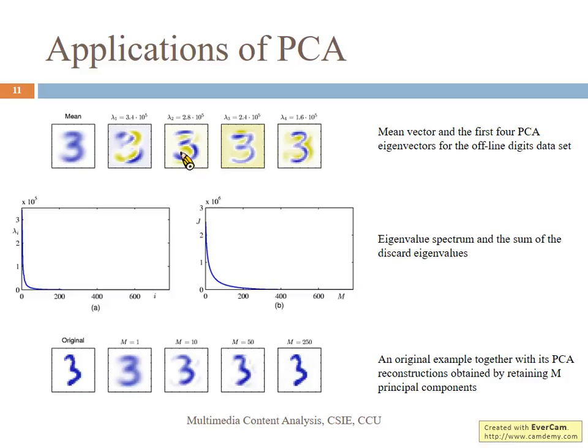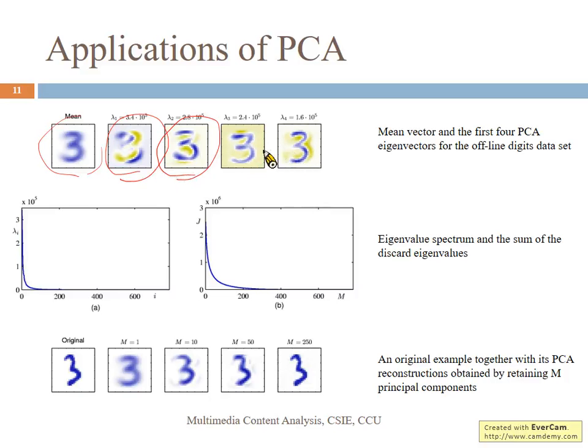As we said before, the original data would be represented by a 10,000 dimensional feature vector. But now, if we take the average vector, we get this. And if we represent the eigenvector with the largest eigenvalue, it would be like this. The eigenvector corresponding to the second largest eigenvalue would be this, and so on. So here, lambda 1 to lambda 4 are the top 4 eigenvalues.